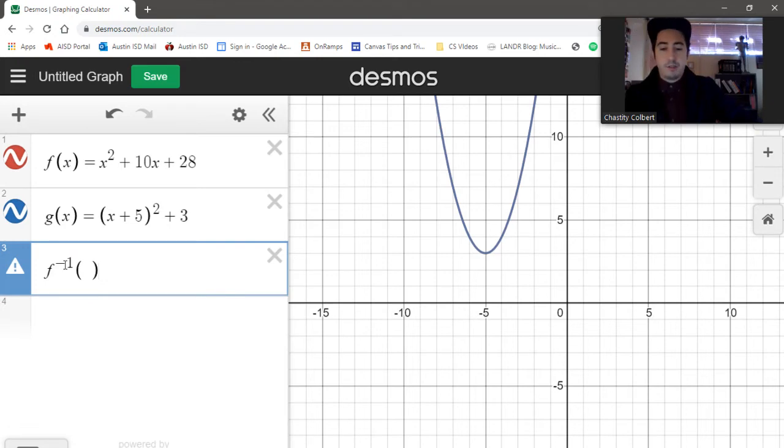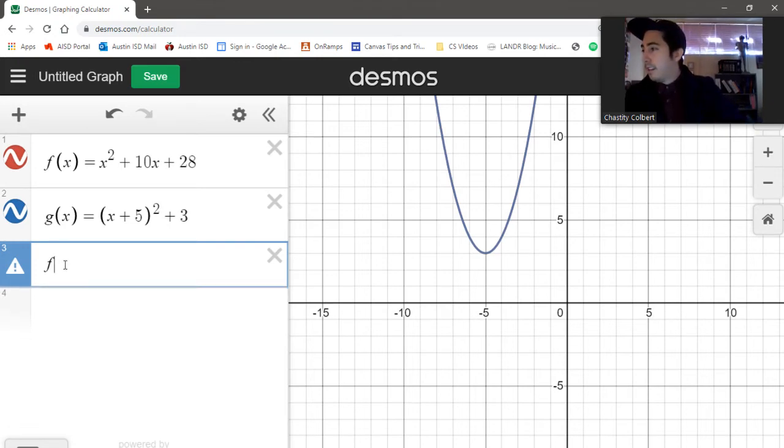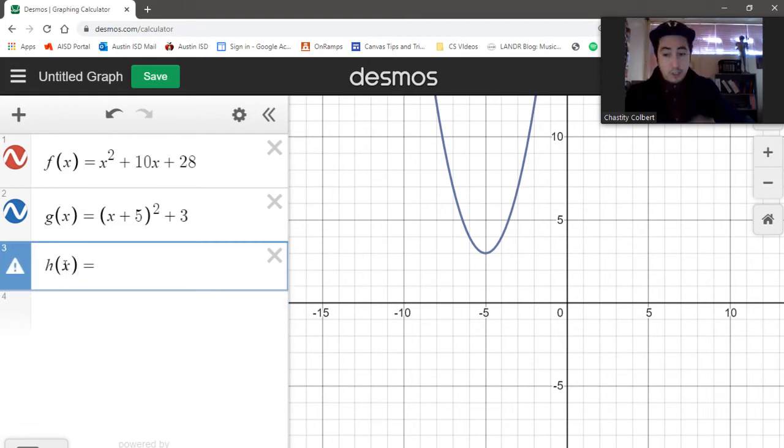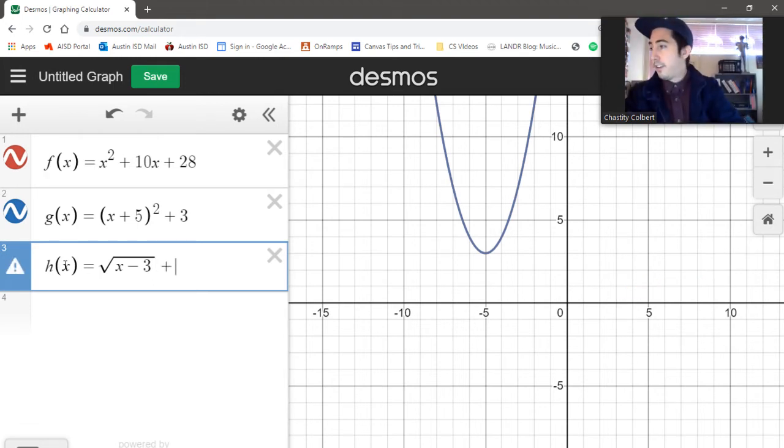I'm just testing out Desmos really quick. No, it doesn't do that. Okay. So I'll make a new function. I'll call it h of x. And I'll set that equal to the square root of x minus 3 plus 5. No, minus 5. Sorry, minus 5. Minus 5.